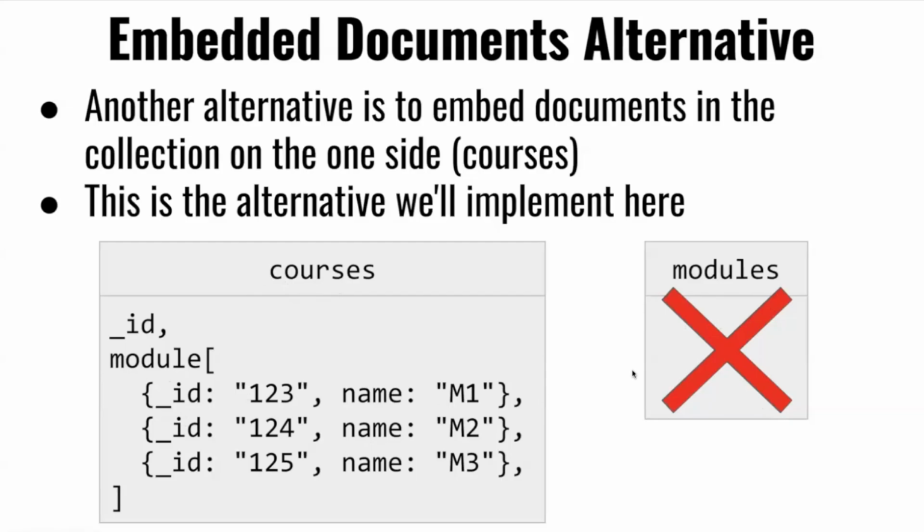So all the data that would normally be stored in the modules collection is actually stored in the corresponding instance of the course. That would mean there would be no possibility of interacting with modules unless it's inside of a course, as opposed to this implementation where modules were listed in a separate collection.